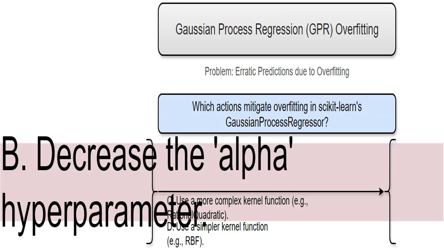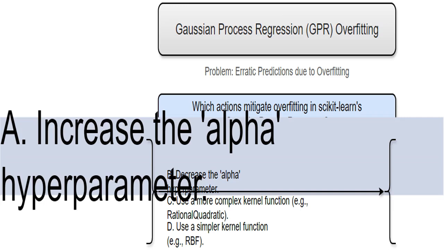The alpha hyperparameter represents the assumed noise level. Decreasing it tells the model there's less noise, causing it to try even harder to fit every tiny detail in the training data. That makes overfitting much worse. We definitely don't want to do that.